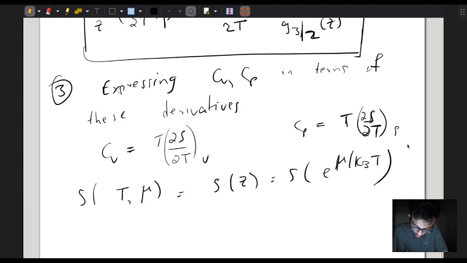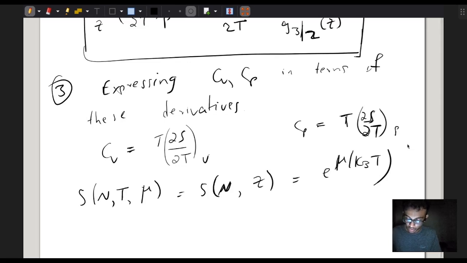So let's say S is a function of n, T, and mu. So it is easy to show this. We also showed this for the Fermi gas the week before this. So the idea is to just use Euler's relation, and then we can express entropy in terms of all these various thermodynamic quantities like energy, pressure, and so on.